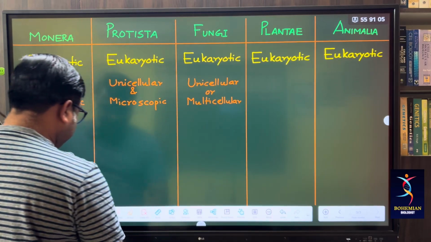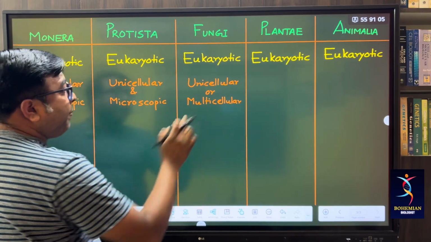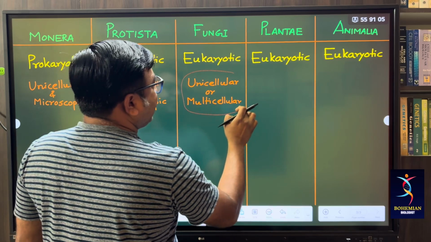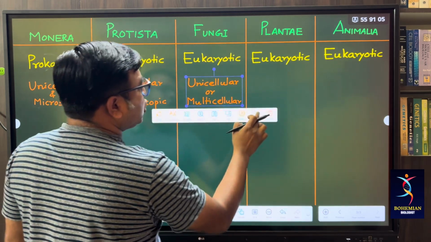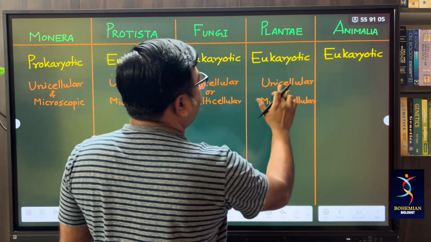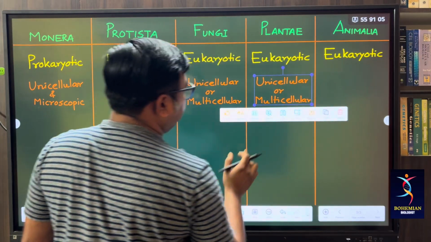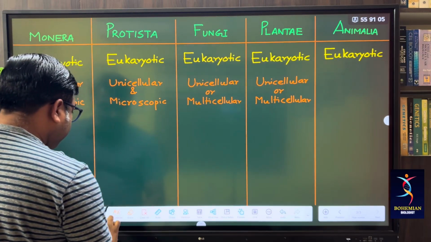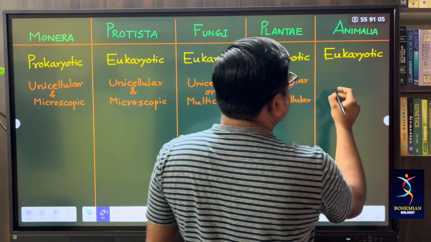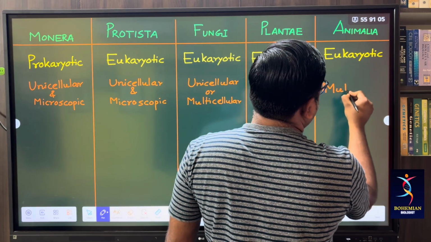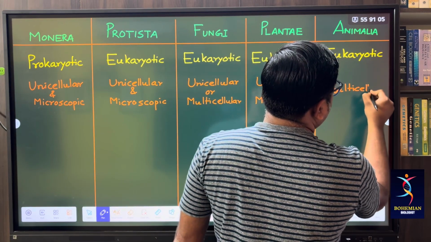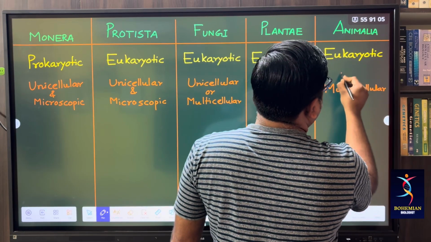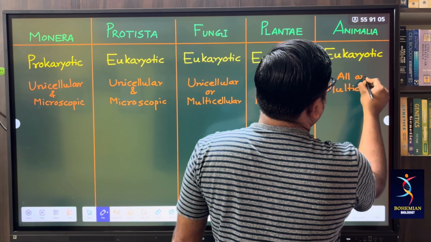It can be both. In case of Plantae, it is also unicellular or multicellular. But in case of Animalia, all are multicellular.